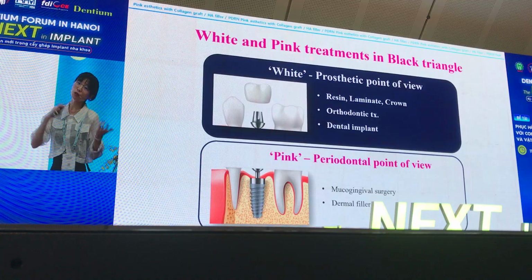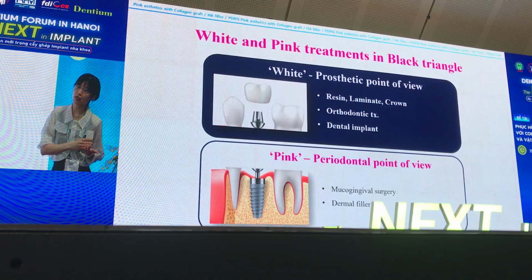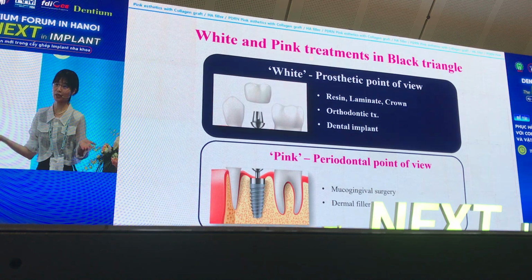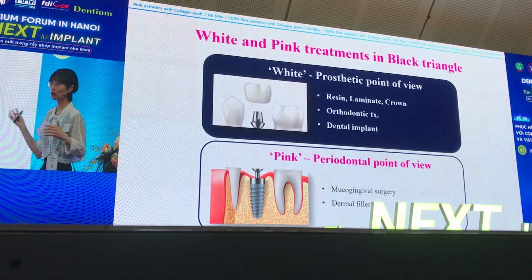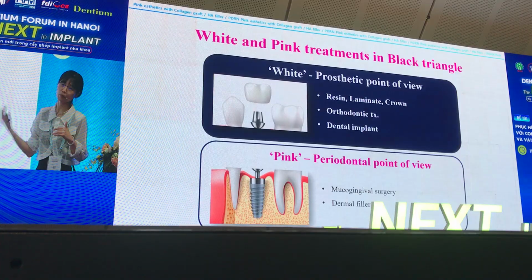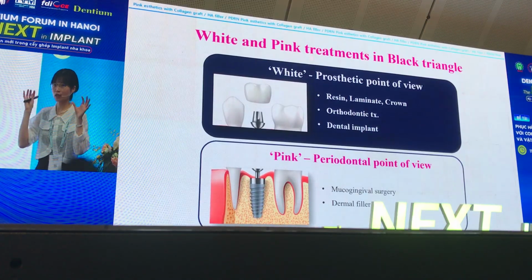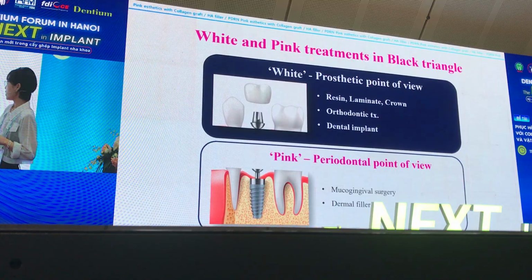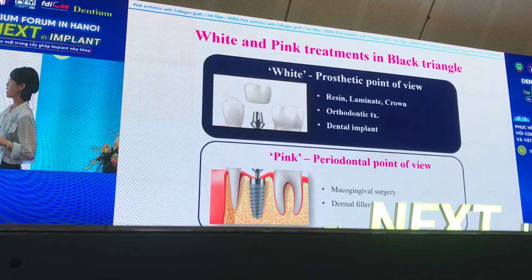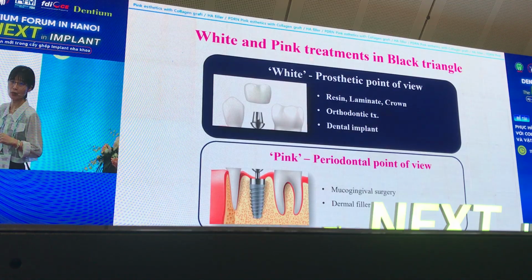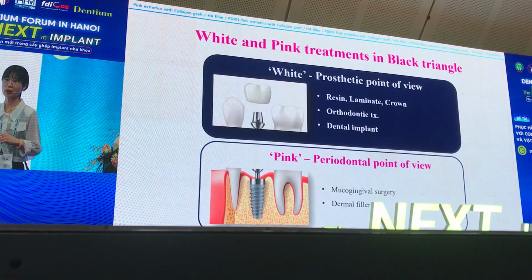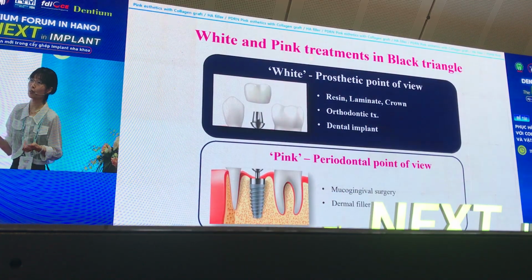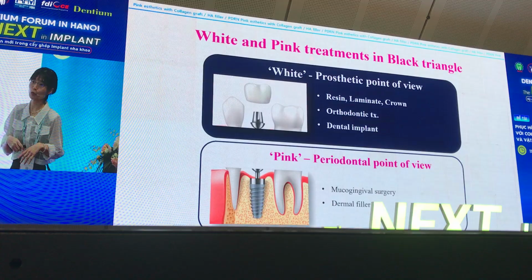I tried to do the mucogingival surgery in the case of the black triangle, but it always relapses. The mucogingival surgery is very difficult for making the proximal gingiva, right? So many dentists select the white treatment option because it is very easy and very dramatic, and also a non-invasive treatment option.